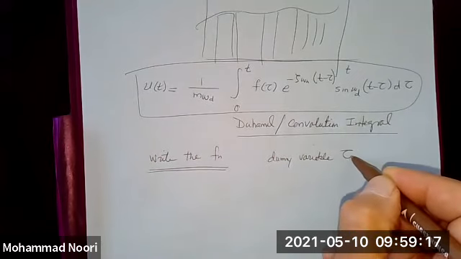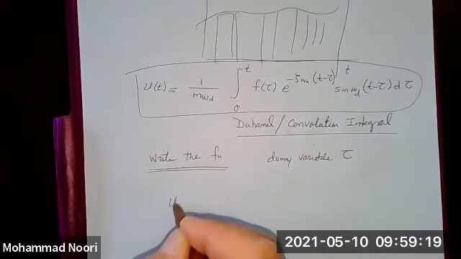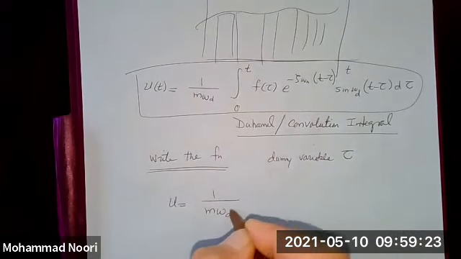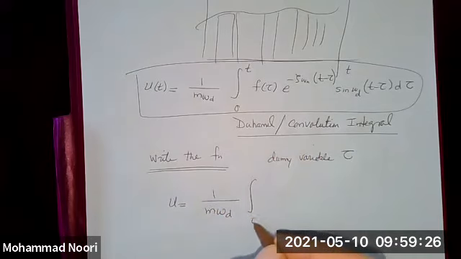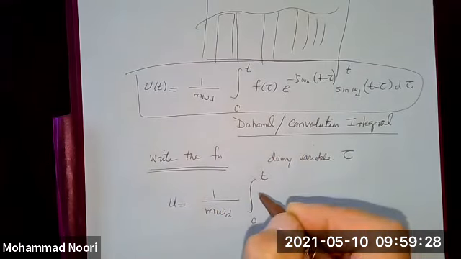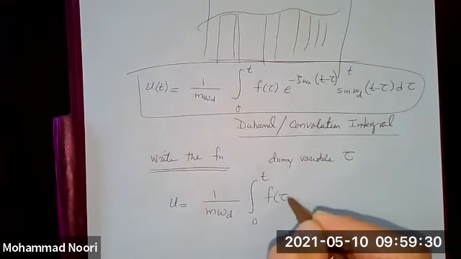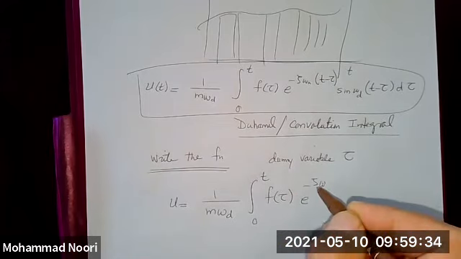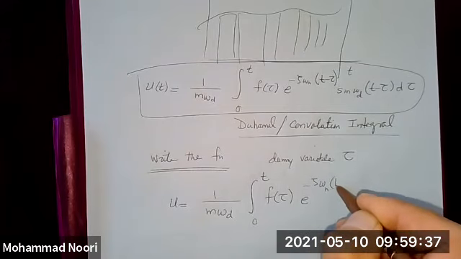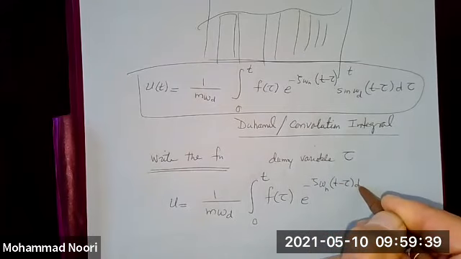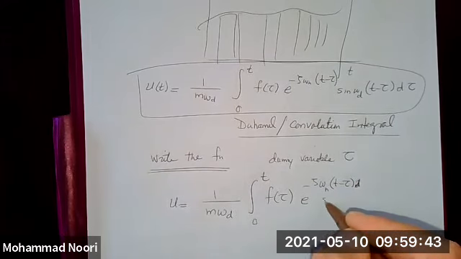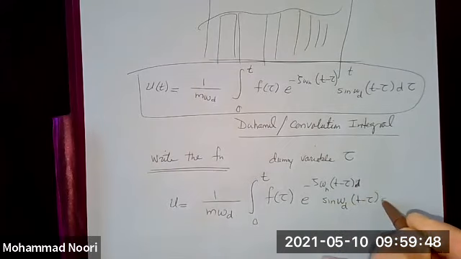And you perform this integration, integral from 0 to t of f of tau e to the minus zeta omega n (t minus tau) sine omega d (t minus tau) d tau.